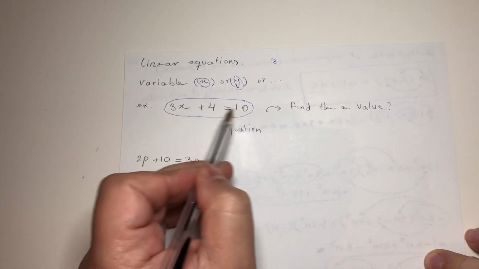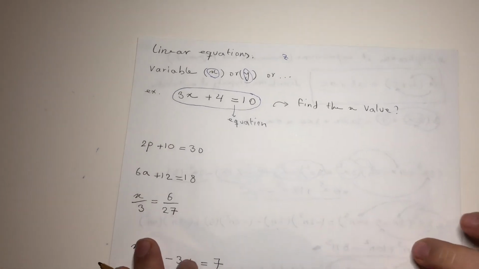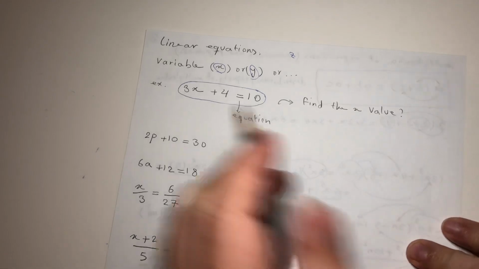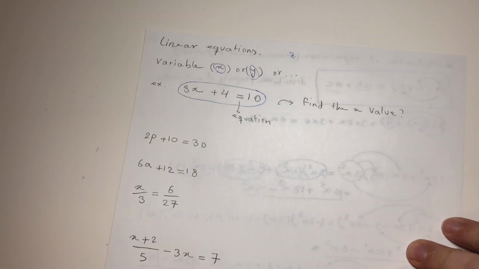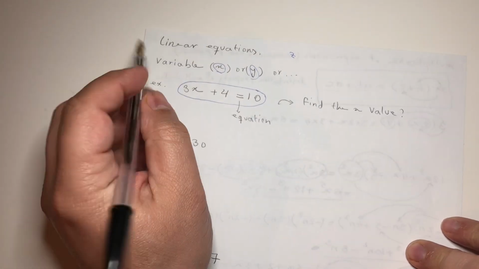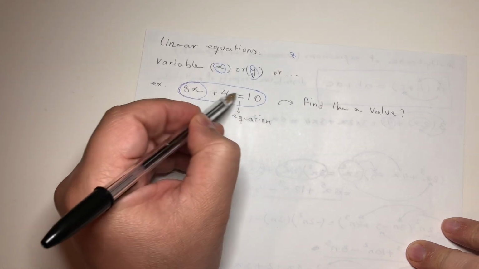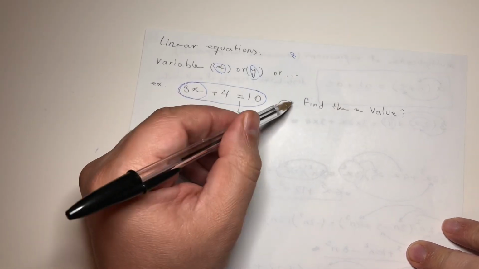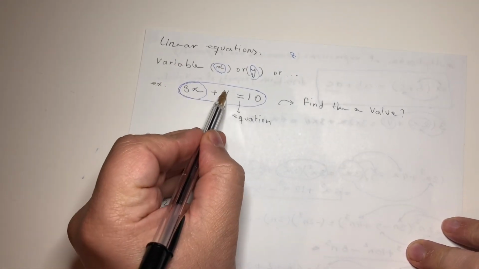How do we solve this kind of problem? I can give you a strategy to do that. You have to try to keep the terms that include the unknown number at one side of the equation and move everything else to the other side of the equation, right? So we have 3x plus 4 is 10.